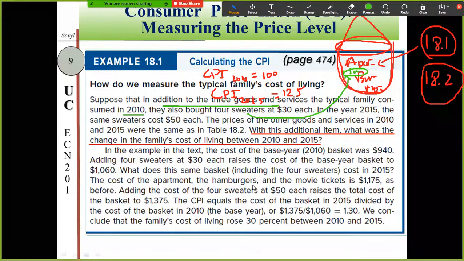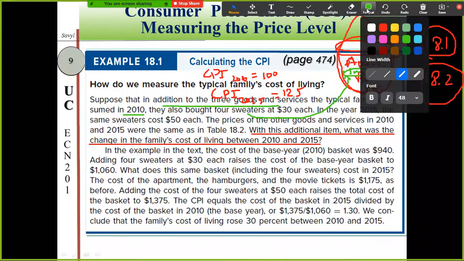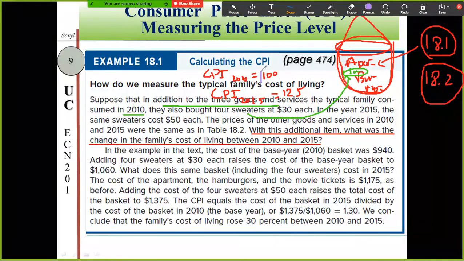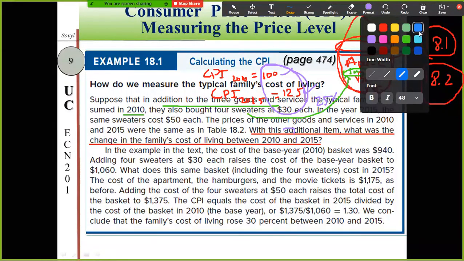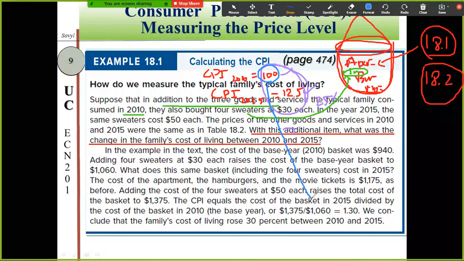So based on the new case, the family's spending will increase 30% from 2010 to 2015, while the old exercise included only 25%, from 100 to 125. In the new case, it goes from 100 to 130, a 30% increase in their consumption.